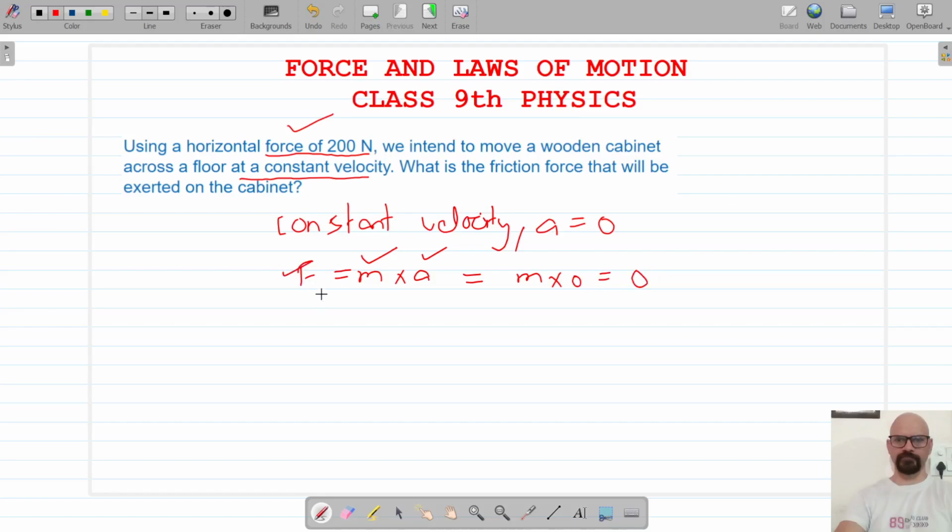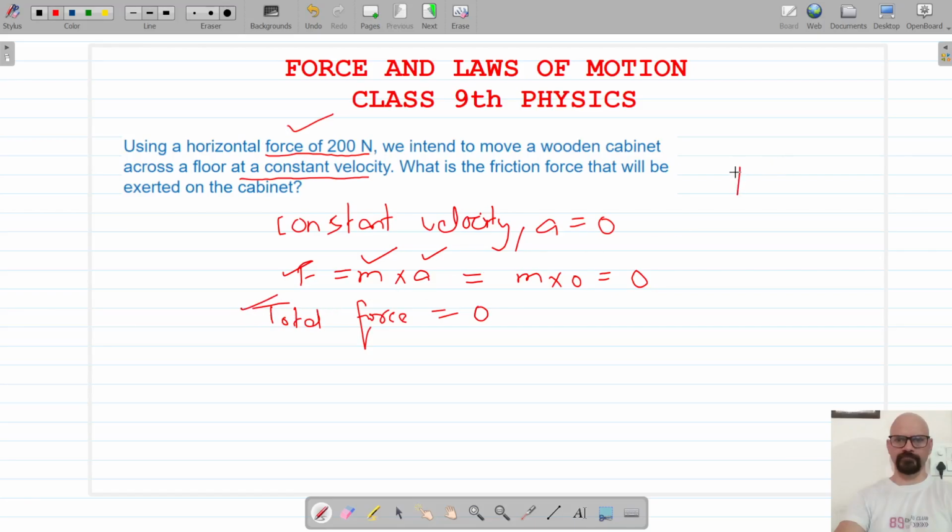So our net force on the object, or the total force on the body, is zero. Now, what would be the total force on the body?